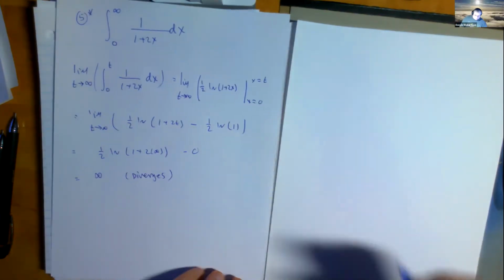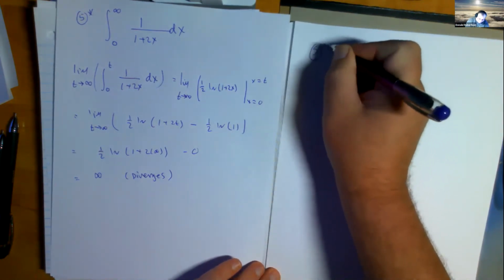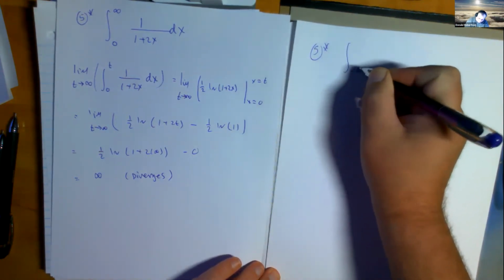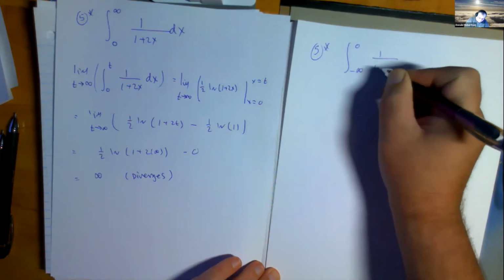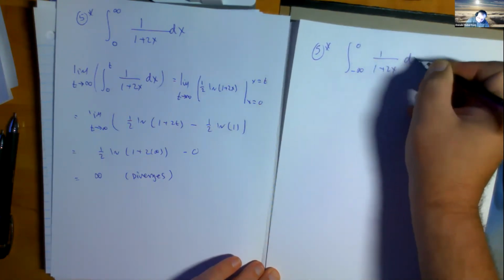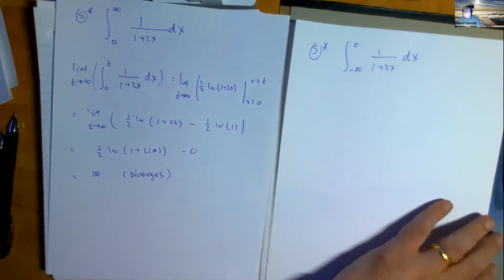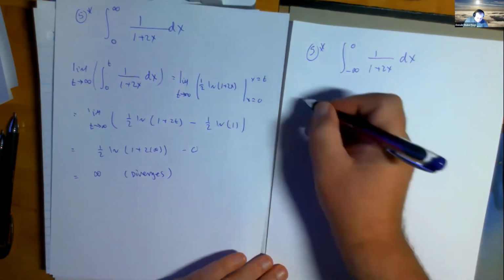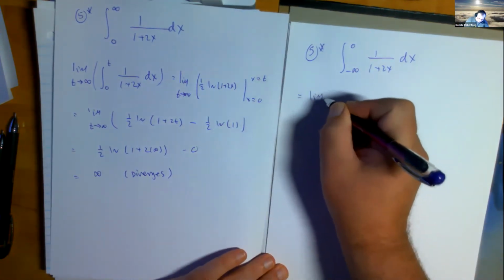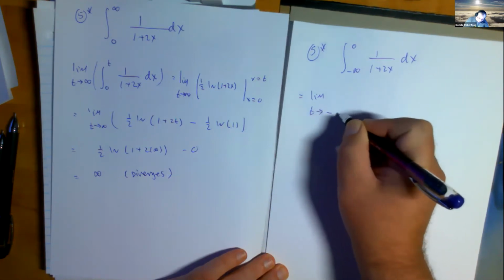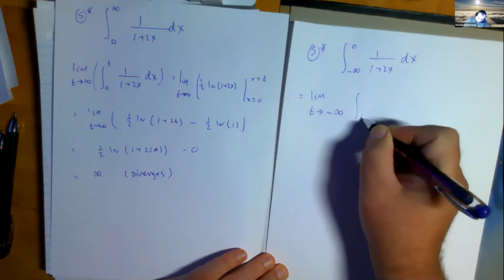Now I said I'd do 2 versions. Let's show you the other version. Now that's going to be the limit as t tends to negative infinity.